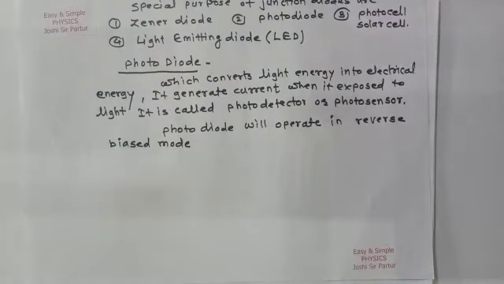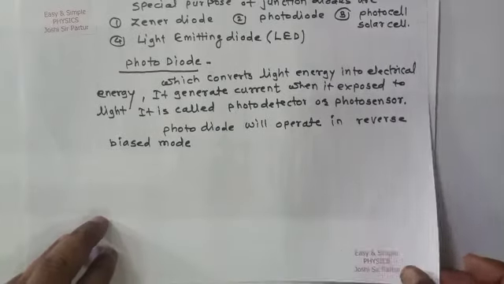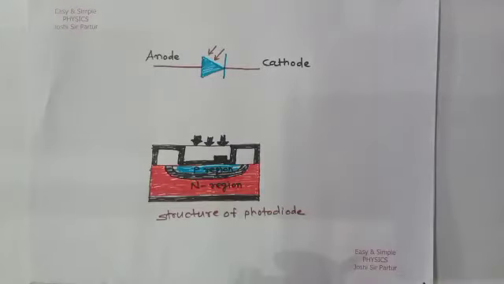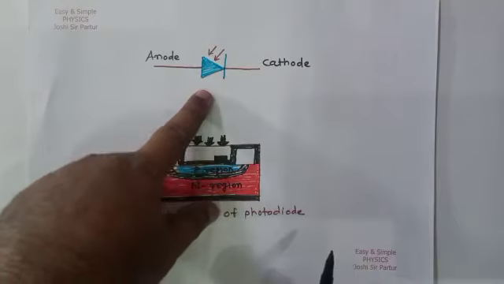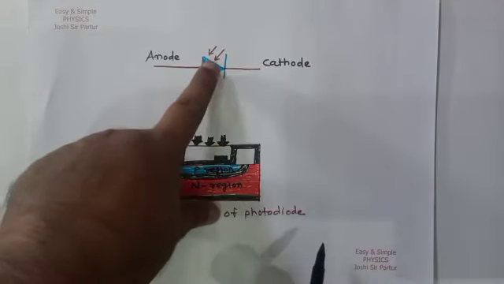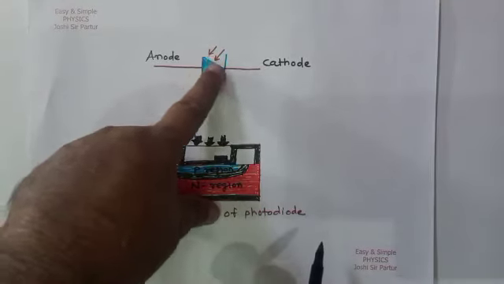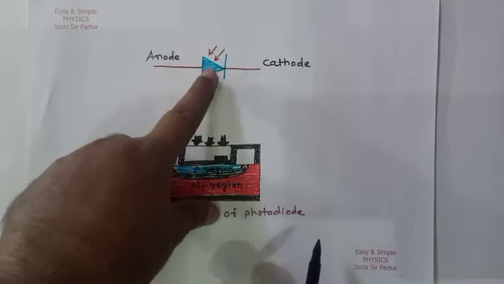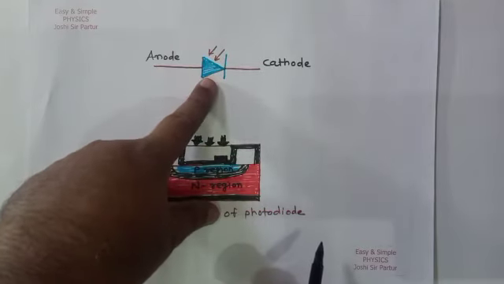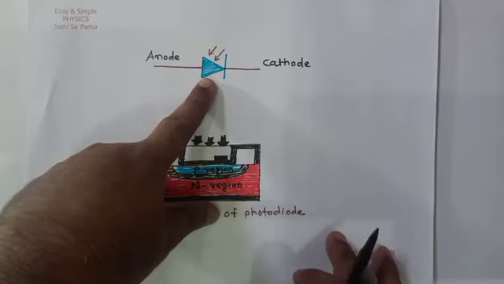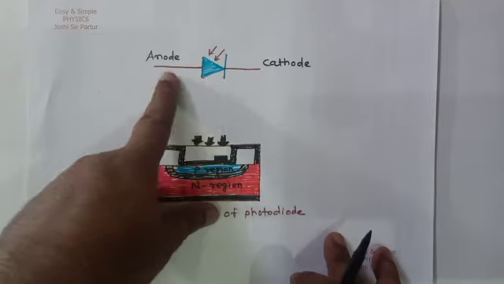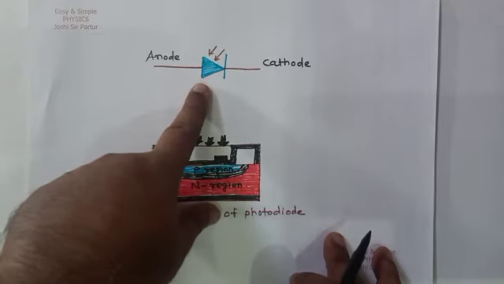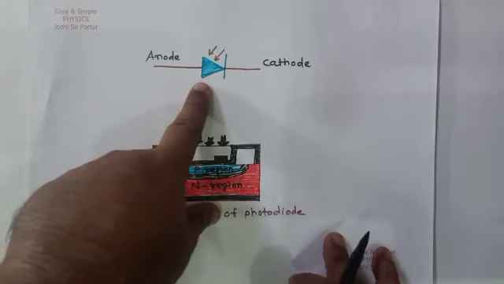Its electronic symbol, its circuit symbol, will be like this. Here the arrow represents light energy, sunlight energy, which is incident on the p region of the junction diode.